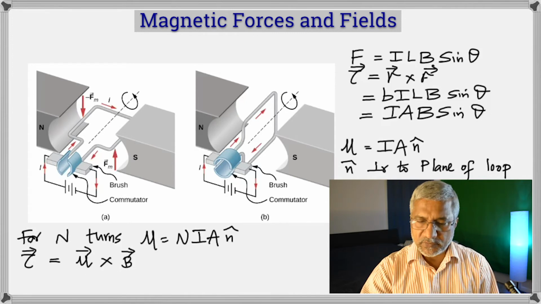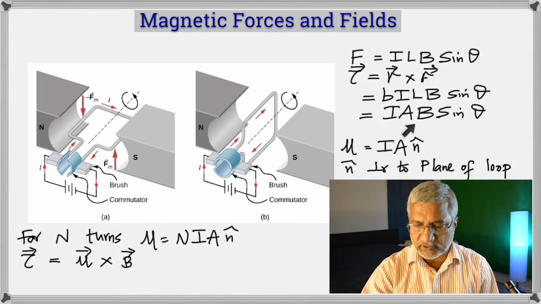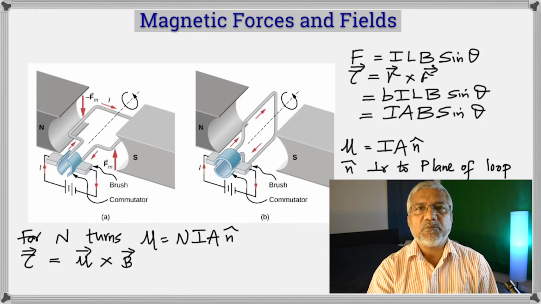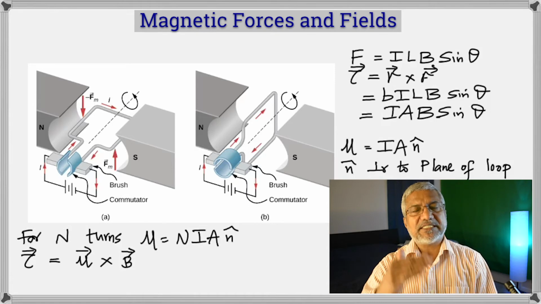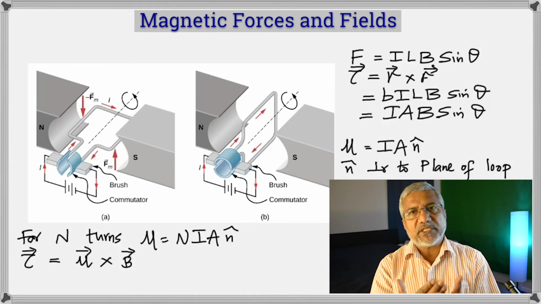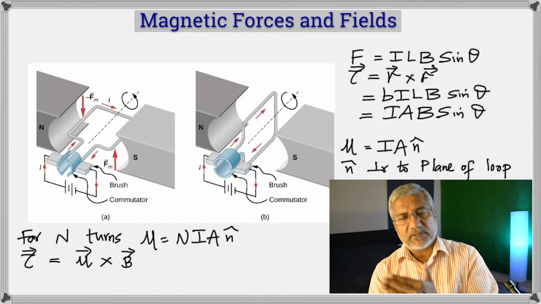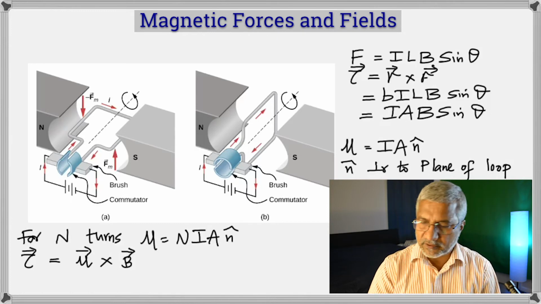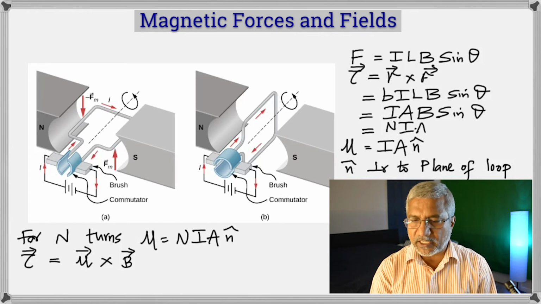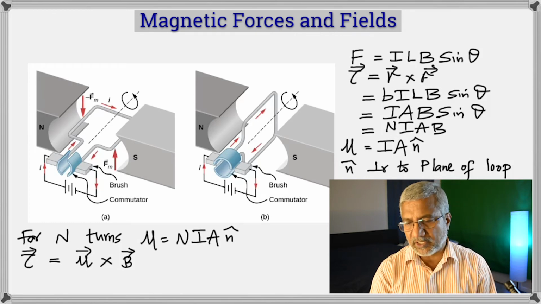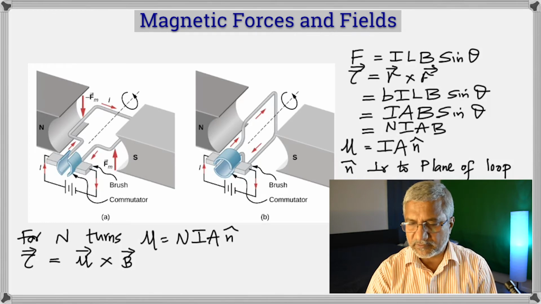Because mu is NIA, so you have the NIA here, and then you have B sine theta, which is mu cross B. Got it? So the torque is simply the magnetic moment with the cross product, the magnetic field. Okay. So I'm trying to write that now. NIAB sine theta is what you get from there. Okay.